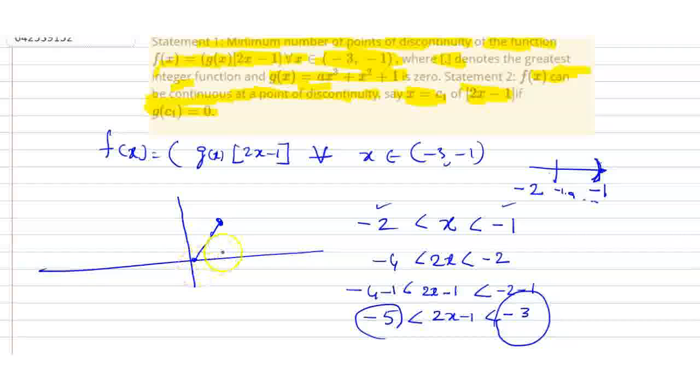Similarly at 1, like this, for minus 1 to 0, it is excluded. That means the greatest integer function is discontinuous at all integer values. So what all integer values will we get between minus 5 and minus 3?